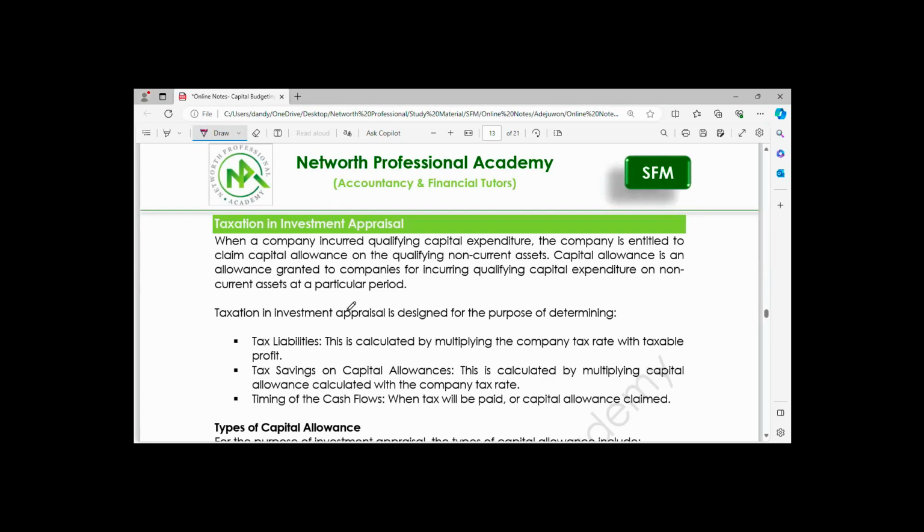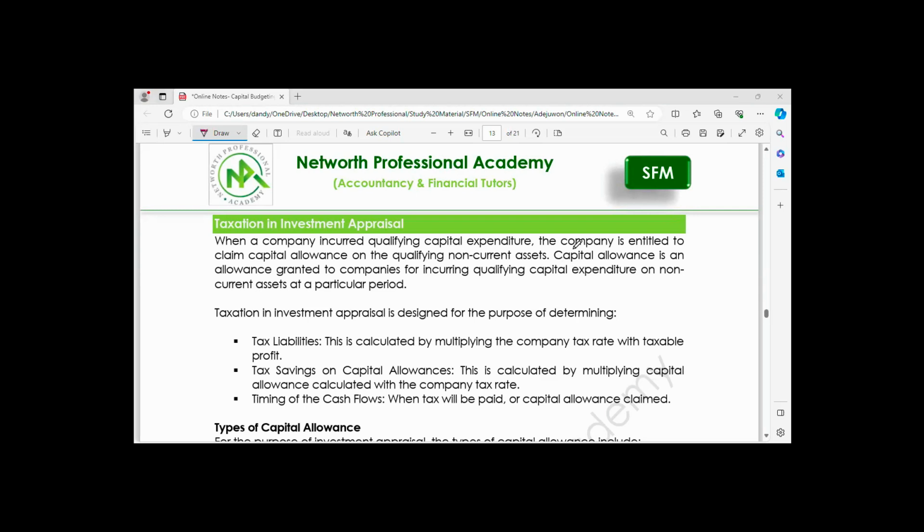The second type of capital allowance is annual allowance. The annual allowance is an allowance claimable every year until the final disposal of the asset.